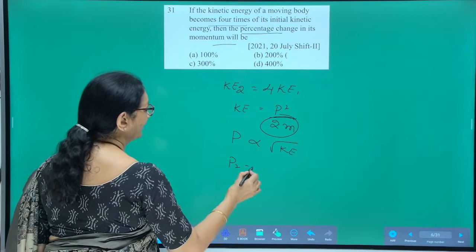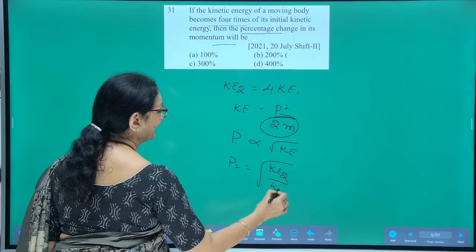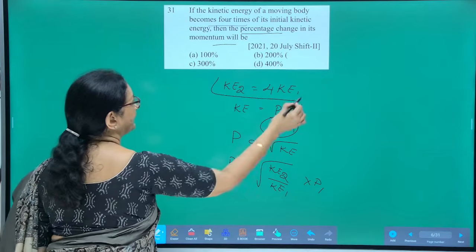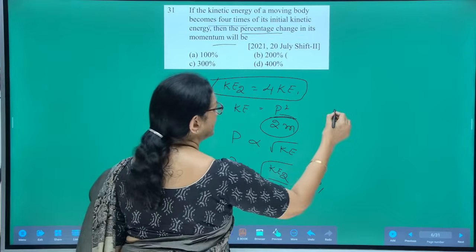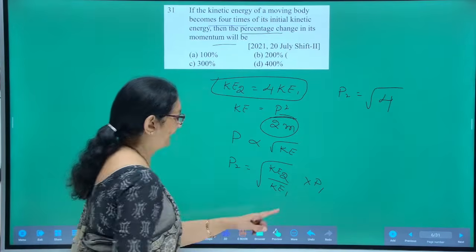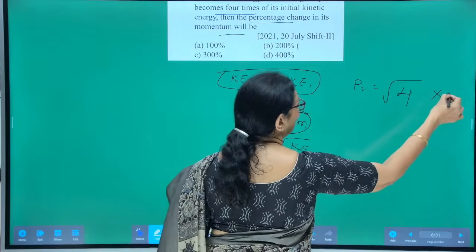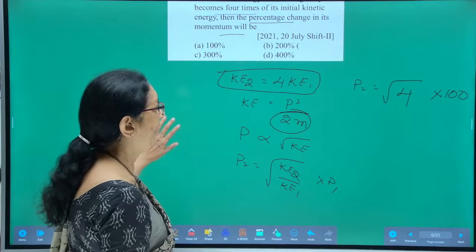So, P2 is equal to root of KE2 by KE1, into P1. From this expression, KE2 by KE1 is 4. So, P2 is equal to root of 4 times P1. As the problem is asked in percentages, let us take the initial momentum as 100.